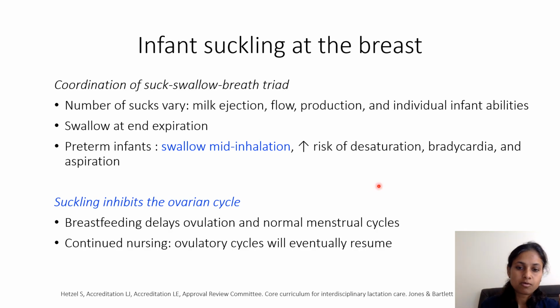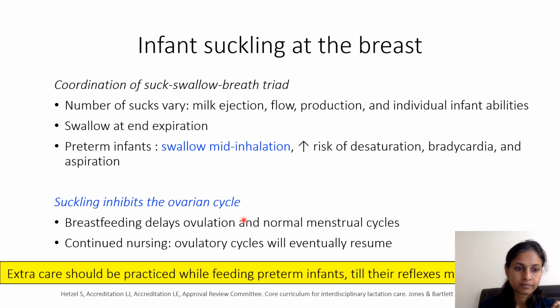Also, as we saw in the reflex arc, sucking inhibits the ovarian cycle, so breastfeeding delays ovulation, but with continued nursing, ovulatory cycles will eventually resume. What we learn here is that extra care should be practiced while feeding preterm babies, as their reflexes are still immature and you allow them to mature over a period of time.